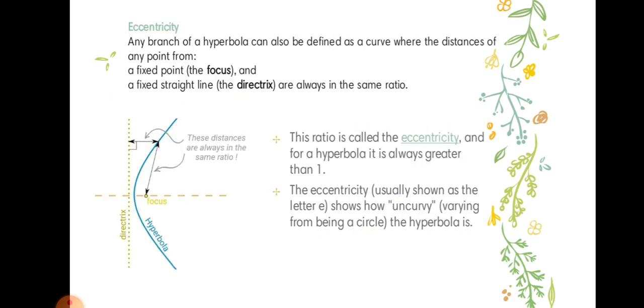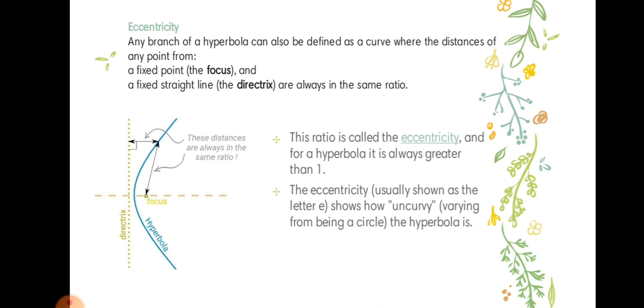Now, eccentricity. Any branch of a hyperbola can also be defined as a curve where the distances of any point from a fixed point, the focus, and a fixed straight line, the directrix, are in the same ratio. This ratio is called the eccentricity.